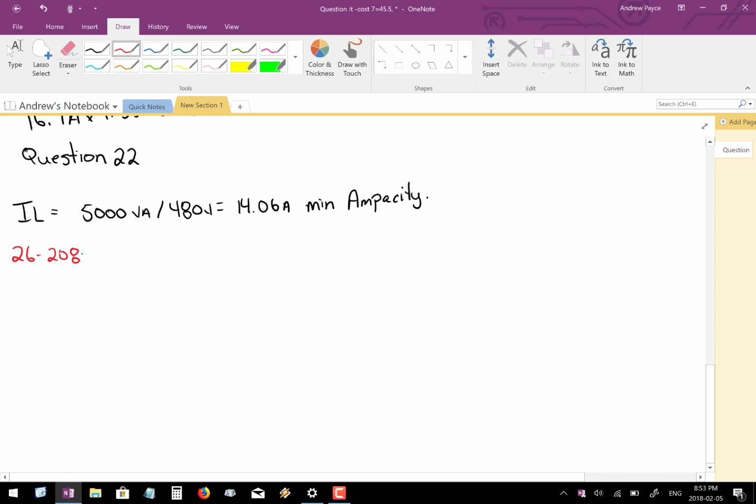I would take the minimum ampacity of 14.06 multiplied by 1.35, or 135%, will give me a value of 18.98 amps. And that should be the answer for that one.